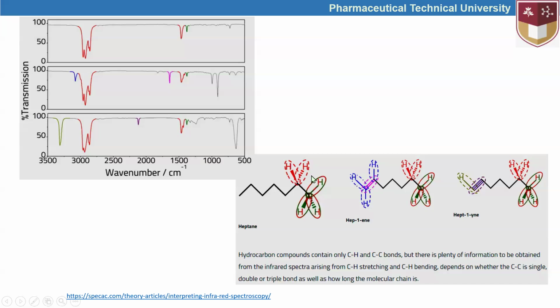Since heptane does not have any carbon-carbon double bonds, it does not have this peak, but the carbon-carbon double bond having interactions with the hydrogen is showing this kind of weak absorbance in this range of the spectrum. Okay, the pink color belongs to carbon-carbon interactions, and the blue color belongs to carbon-hydrogen interactions of carbon atoms.